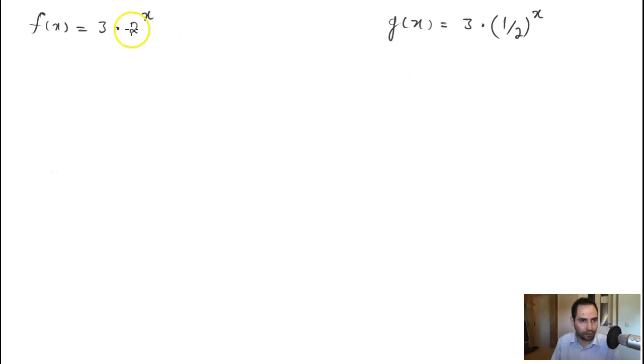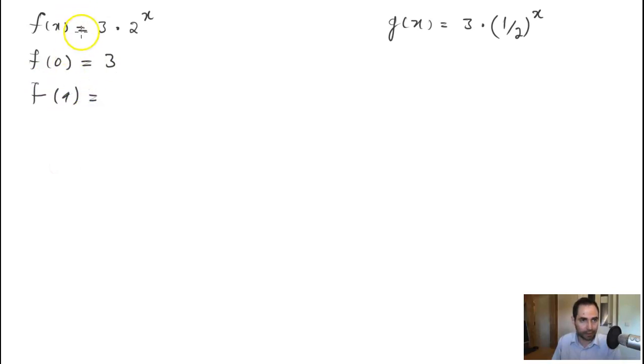If you take a look at this function, f of 0 is equal to 2 raised to the power 0, which is 1. So 1 times 3 is equal to 3.